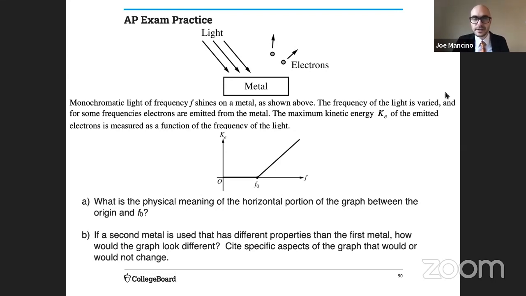What's the physical meaning of the horizontal portion of the graph, that flat part between the origin and the critical frequency? Why is it flat? And if a second metal were used with a different set of properties than the first metal, how might the graph look different? What could change in the metal, and how would that change the graph? Those questions will be answered tomorrow.